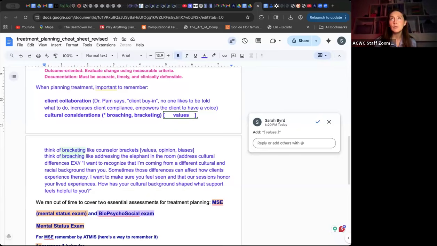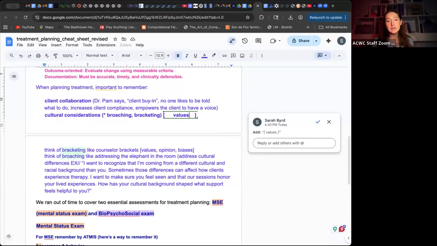For example, one question I saw, we normally think of really hot button issues, but it can be something we're not expecting in a question. I used to think bracketing just meant more hot button type issues. But the example used was a client who came in from a culture that was more collectivist, right? And the therapist was from a Western culture that's individualistic, right?